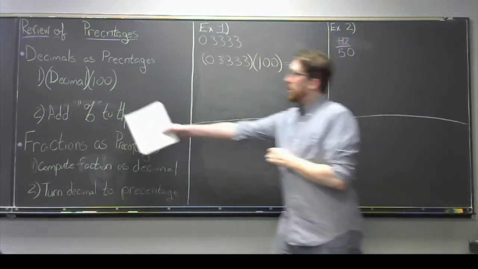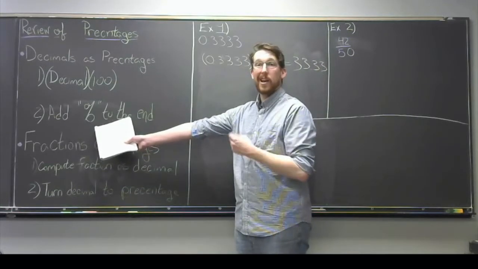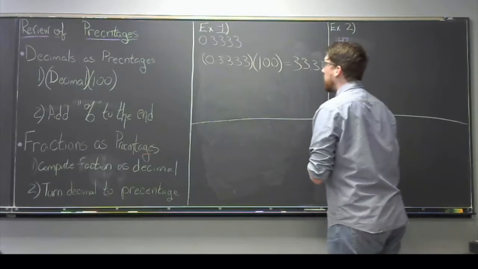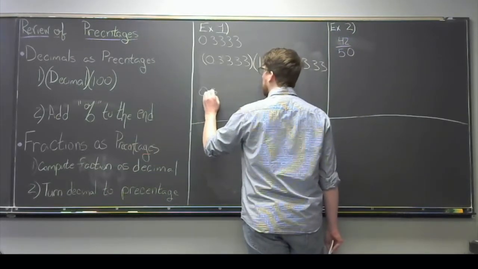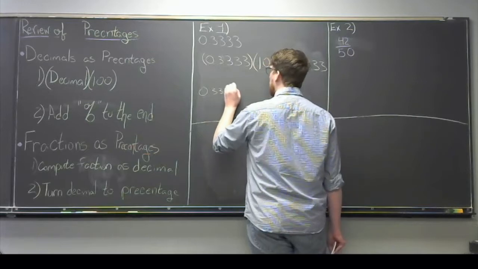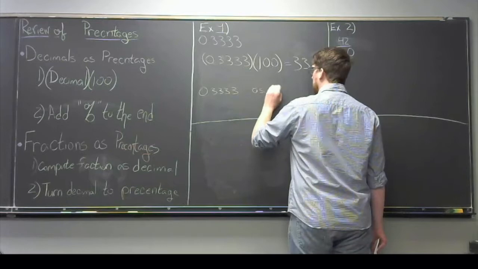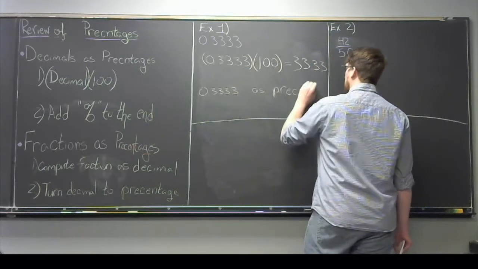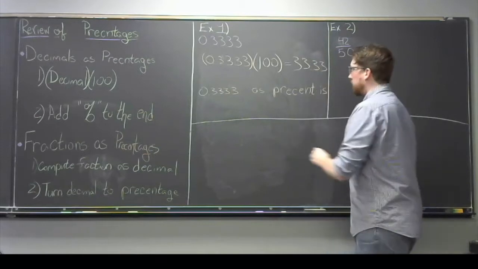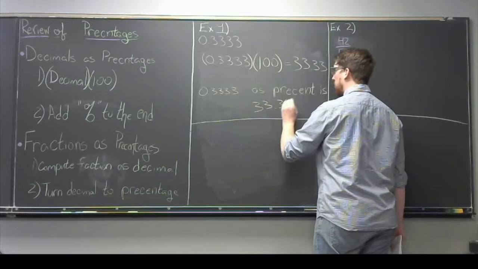But of course, it's not enough to just multiply it by 100. We now have to tack on the percentage sign at the end. So the decimal 0.3333 as a percent is 33.33%.